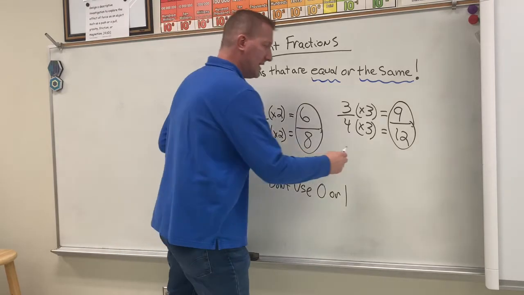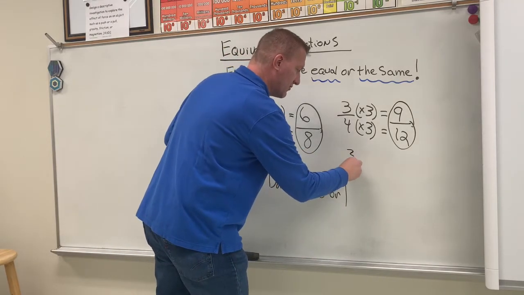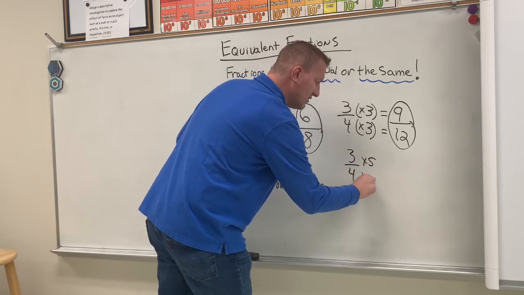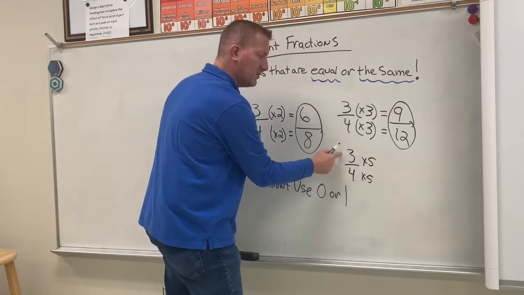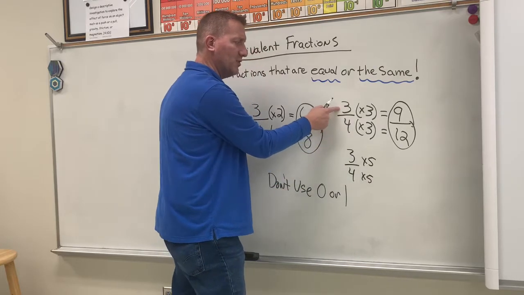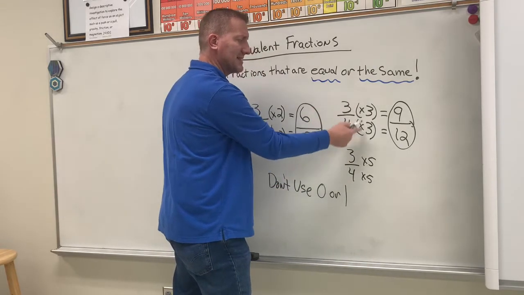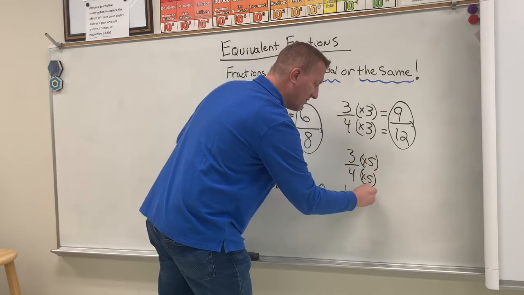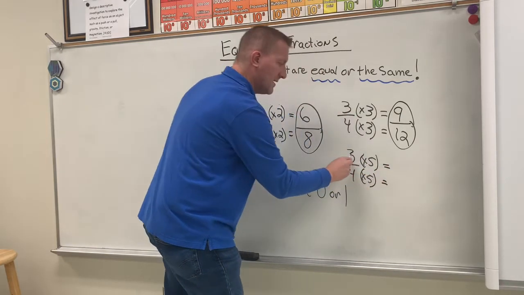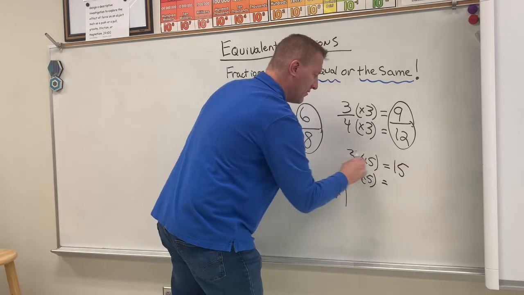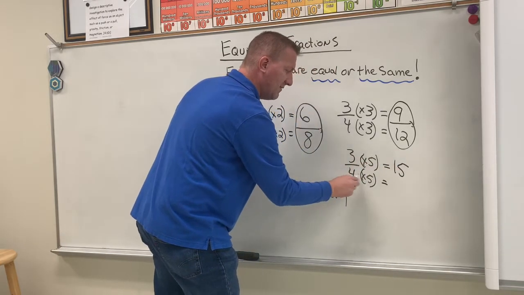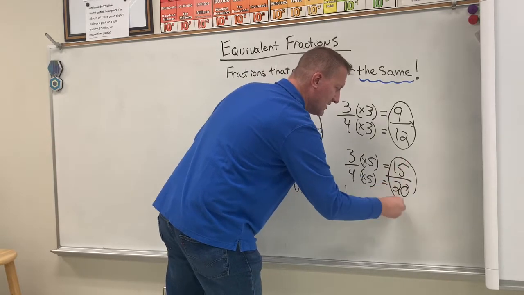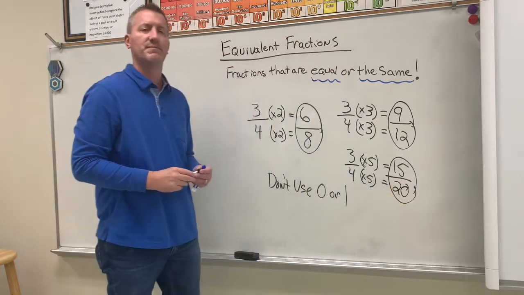What if you tried times 5? So 3/4 times 5. As long as you do the same thing to both sides, you have to multiply the numerator and denominator by the same thing, then you're going to get an equivalent fraction. So it would be 3 times 5 is 15, 4 times 5 is 20. There's another equivalent fraction.